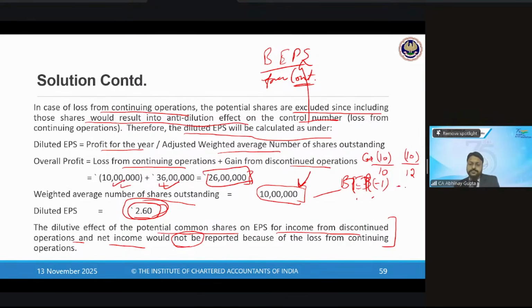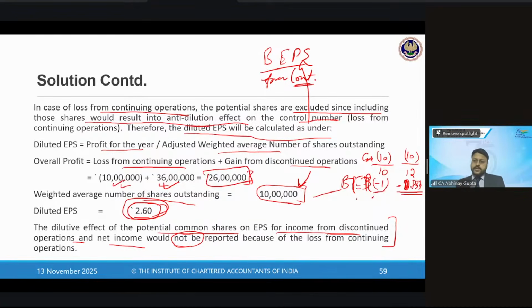Minus, can you calculate? 0.833. Now, how many of you believe 0.833 is a larger loss per share as compared to 1 rupee loss per share? So it is more loss or it is less loss?